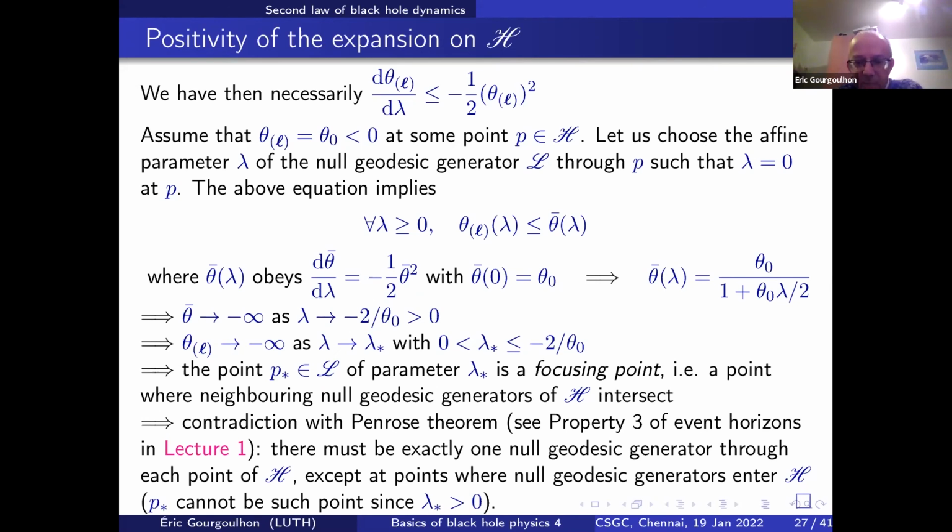The Penrose theorem, which is demonstrated in the lecture notes, for instance, and also, of course, in Penrose's original papers, says there must be only one null geodesic generator for each point on the event horizon, except in exceptional points where a null geodesic generator enters the event horizon, as we have seen in these numerical relativity computations of binary black hole mergers.